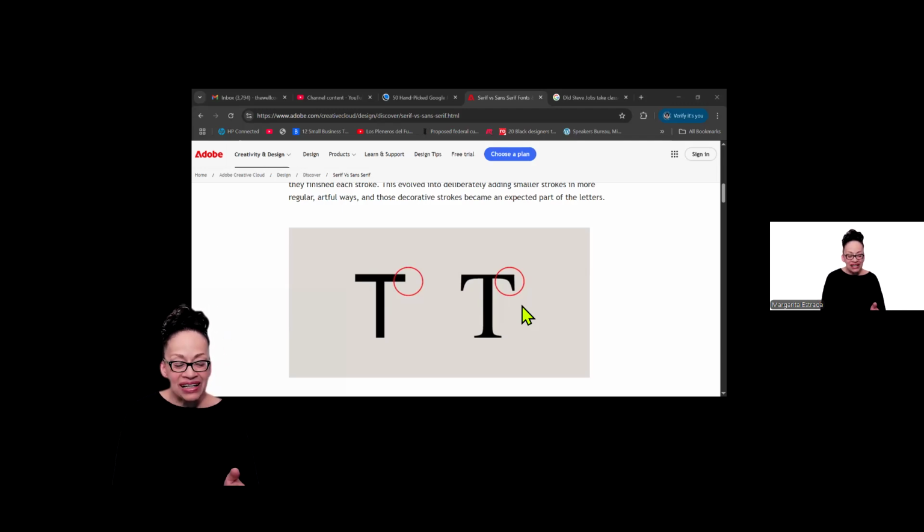The left one is easier on the eye to read, and the right one, for a person who is visually impaired, sometimes it is difficult. So when designing your website, it is very important to look at typography and see what mood or what feeling you would like to evoke.